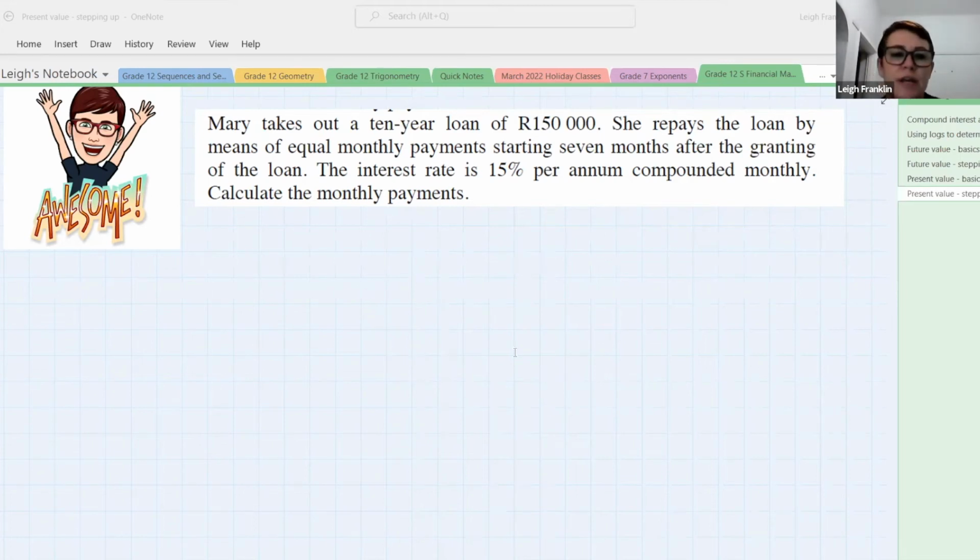You can draw a timeline if you want to. I'm not going to give any marks for it, but you certainly can.